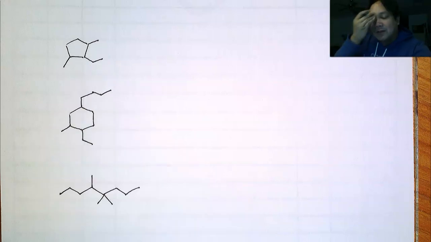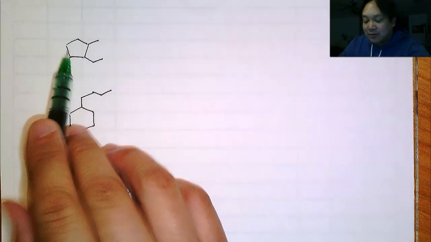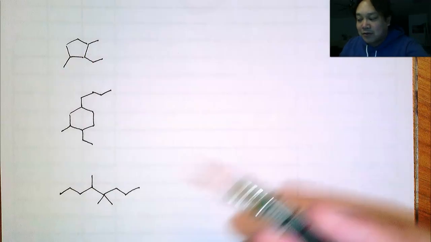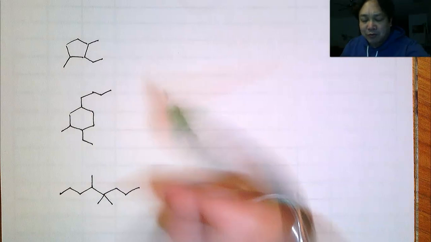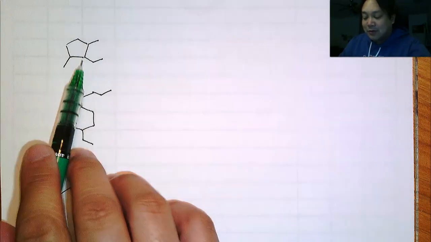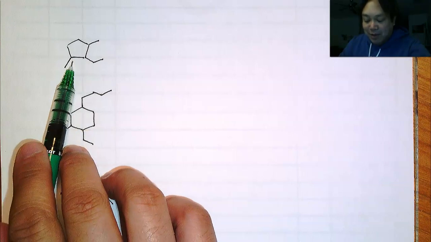So we can't even use the alphabet to decide which direction, because either direction works. You have substituents on 1, 2, and 3: the first is methyl, the second is ethyl, and the third is methyl. I'm just going to go this direction, 1, 2, 3, 4, 5.